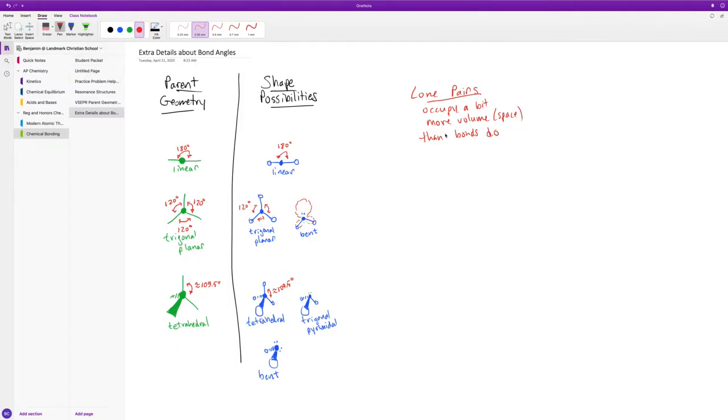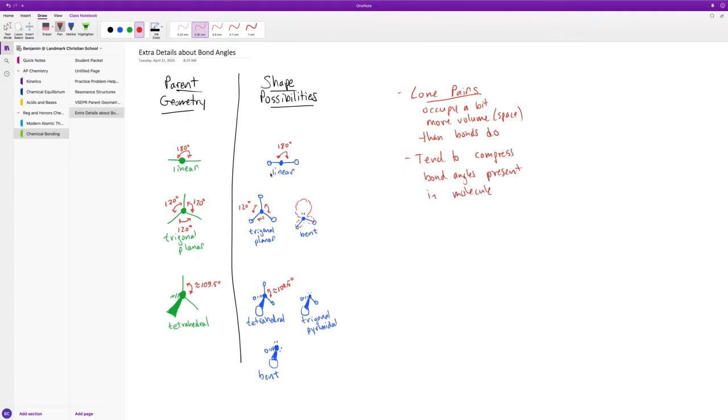They tend to compress bond angles down, so the bond angles present in the molecule get compressed together.